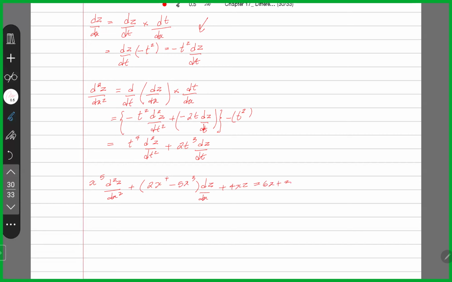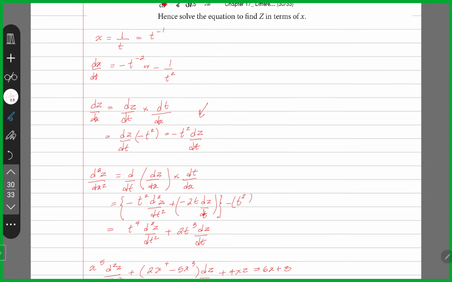So if we substitute these values for the differential of z with respect to t, we're going to get x to the fifth. Remember, x is equal to t to the minus 1.